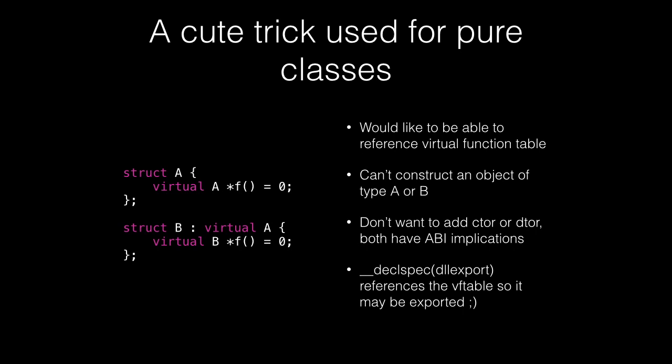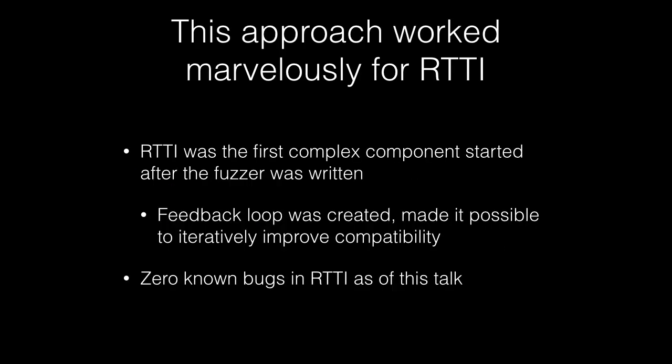The fuzzer was instrumental, I think, to our implementation of RTTI. Before the fuzzer, we worked on ABI components by writing test cases and figuring stuff out. But RTTI was the first thing written after the fuzzer. And I was able to generate a lot of really nice test cases for RTTI as it was being developed.